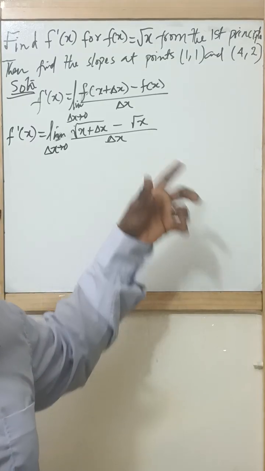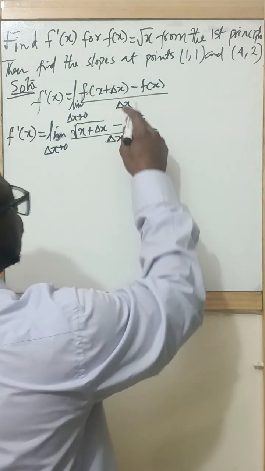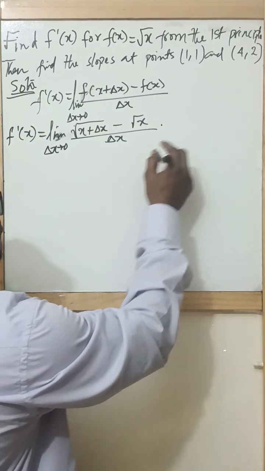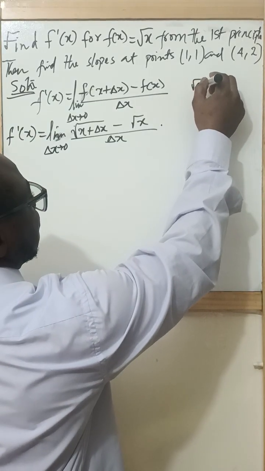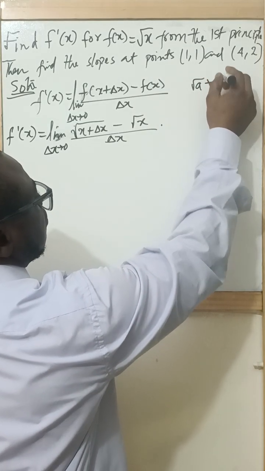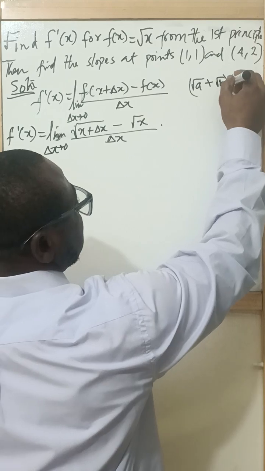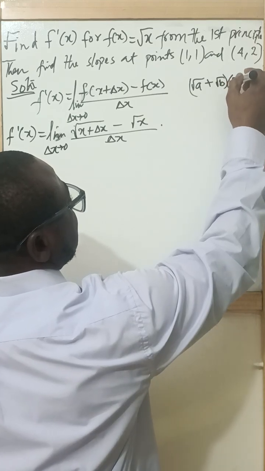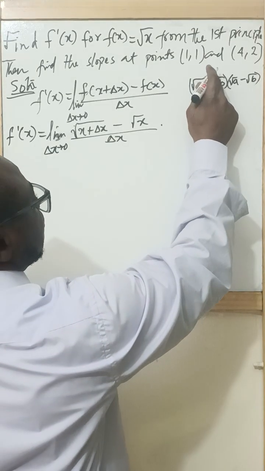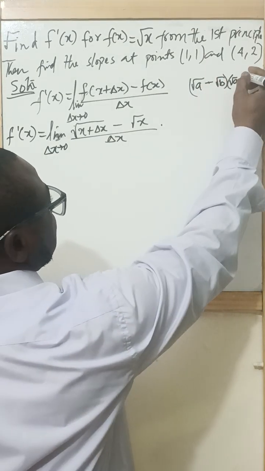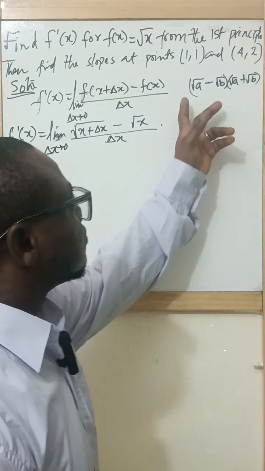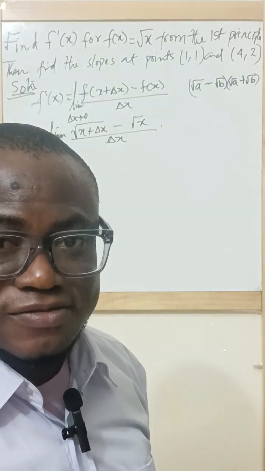So the conjugate of square root of a plus square root of b is square root of a minus square root of b, and this is just like the difference of two squares.